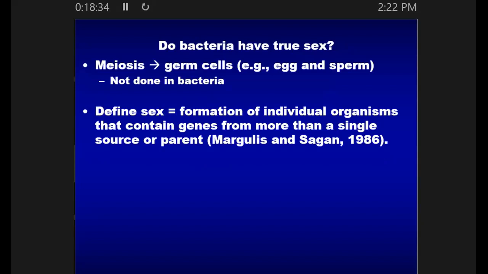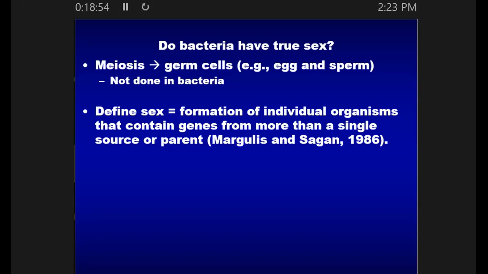So the second bullet point was proposed by Lynn Margulis and her son Dorian Sagan back in 1986. They said maybe in the microbial world, this is how we should think about their version of sex. We can say that it's formation of individual organisms that contain genes from more than a single source or parent.